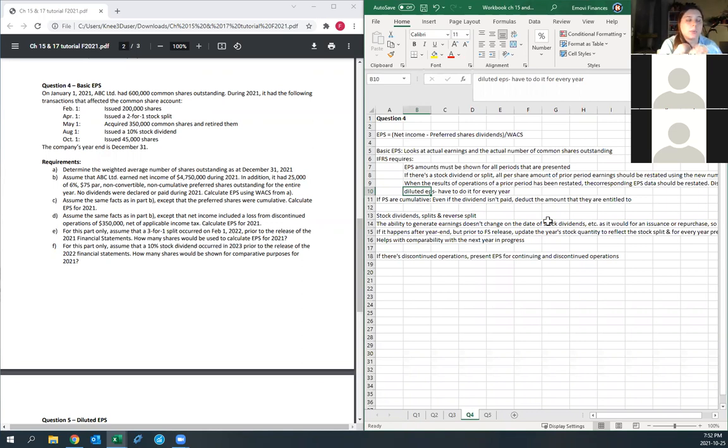If the preferred shares are cumulative, but they didn't receive a dividend during the year, then in the calculation here, you still have to subtract the dividend that the shareholders are allowed, because eventually they're going to get it. So it's not income that's available to the common shareholders.